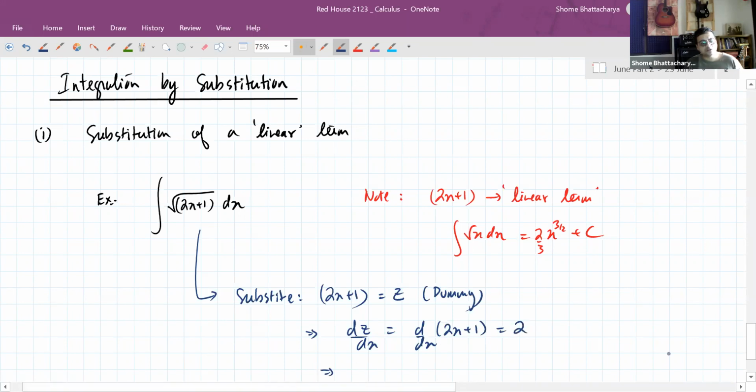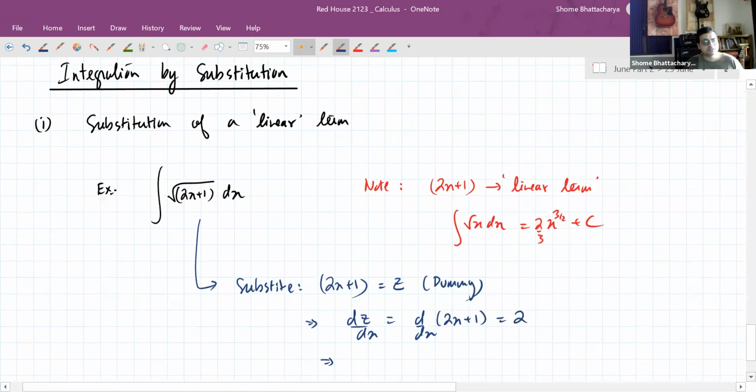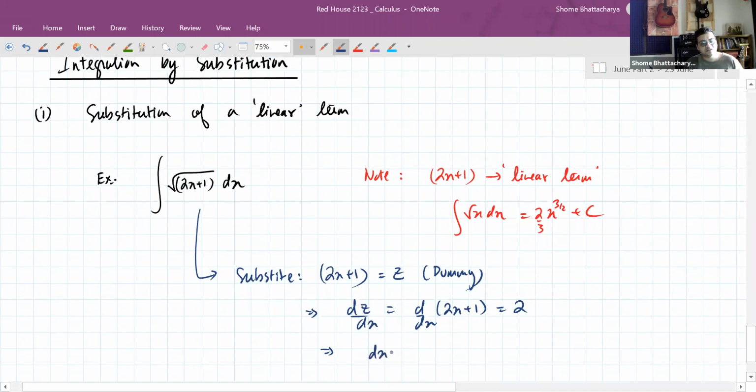So we can cross multiply and replace dx with dz by 2. So now if I substitute in the integration the value of dx as dz by 2 and the value of 2x plus 1 as z, then it becomes a simple integration of this type, which we can carry out. Okay. So that is the basic idea.